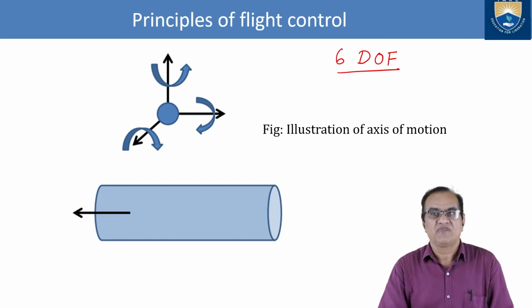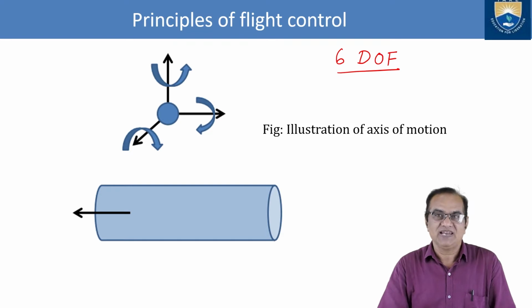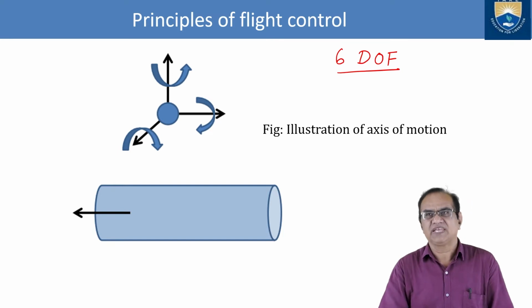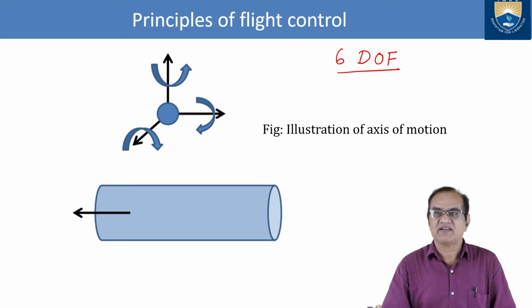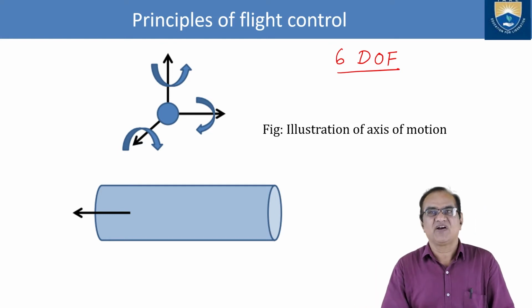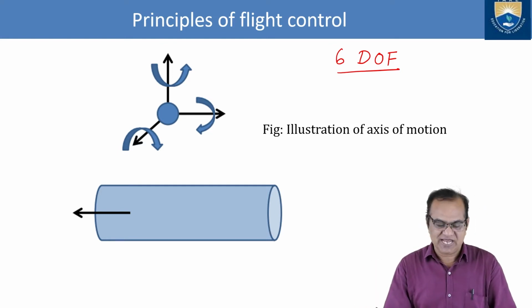If you take your cycle, your vehicle, a truck or a ship, these are not in 6 degrees of freedom. But an aircraft has 6 degrees of freedom, as shown in this diagram.